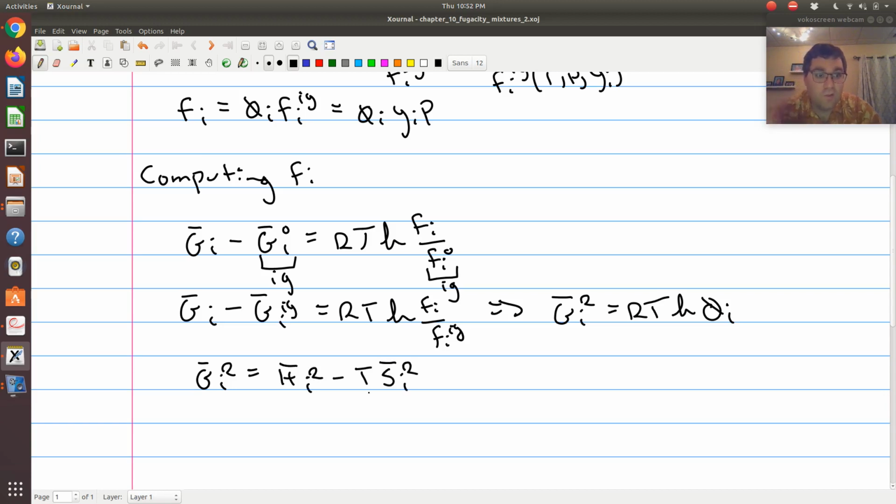Why this is of use is that via an equation of state we've worked out expressions to get H bar i residual and S bar i residual. If you think back to chapter 5, dealing with pure component systems, we worked out expressions for the molar residual enthalpy and molar residual entropy.